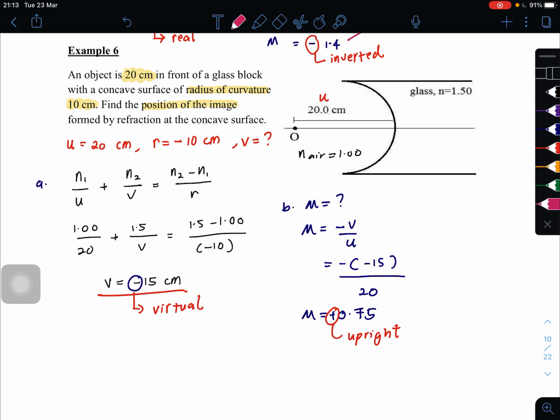And then kalau tengok value m ni, value m adalah less than 1. Sebab dia 0.75 kan. So kalau less than 1, it will be diminished. So the characteristic of the image, kita listkan, we have virtual, and then we have upright, and then last one will be diminish.